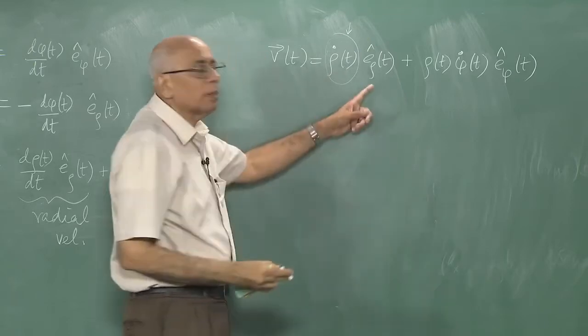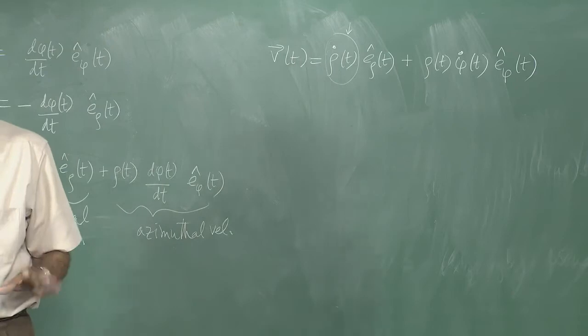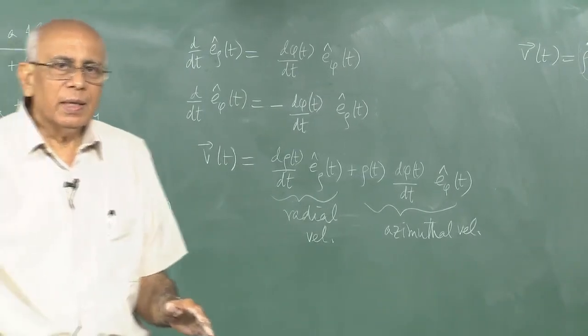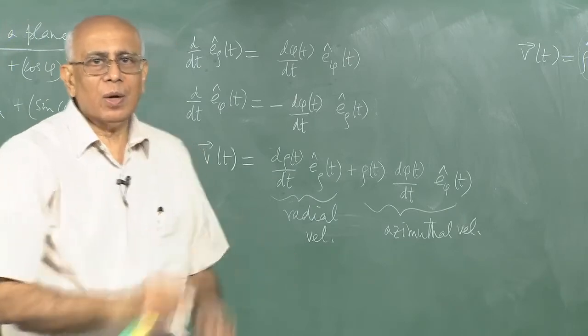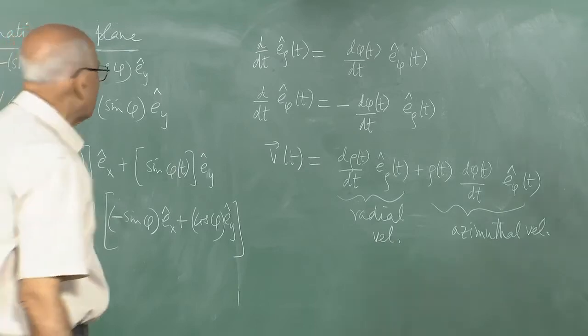Strictly speaking, I should multiply it by the unit vector, then call it the radial velocity. But you know this loose terminology, very often when I resolve a vector into components, even without the unit vector I still call it a component, whereas a vector must be a sum of vectors, can't be a sum of addition.